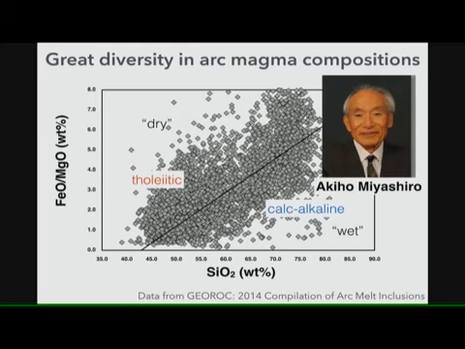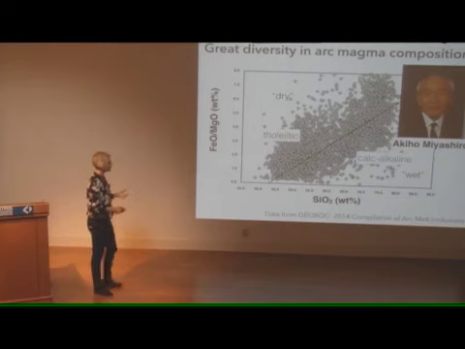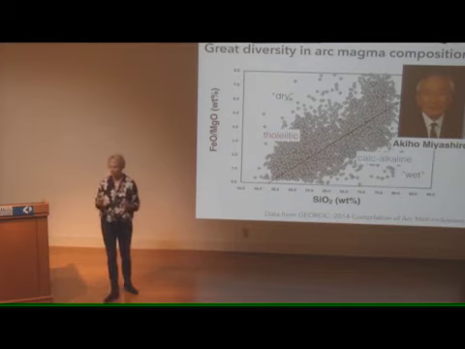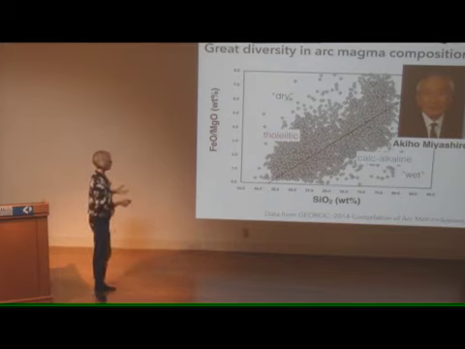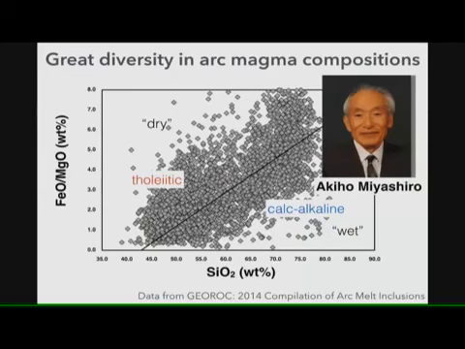What's become the canonical way of thinking about this diagram is that those in the calc-alkaline field had some water involved in their genesis, and tholeiitic magmas tend to be drier. We'll talk about the nuances of this view today and how much it holds up, but this is a classic way of looking at this diversity.